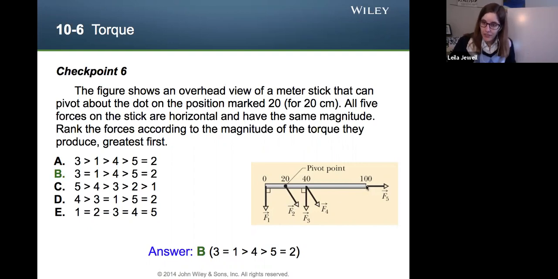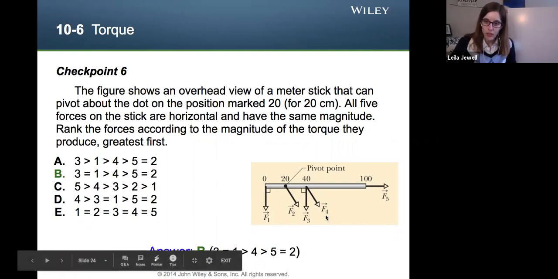For 5, it's not right on the axis of rotation. It's at 80 centimeters away, but the angle that it's being applied at is 0 degrees from the radius. So sine of 0 also gives you a torque of 0. So those two we can rule out as being the least amount of torque, and then we just have to compare 1, 3, and 4.